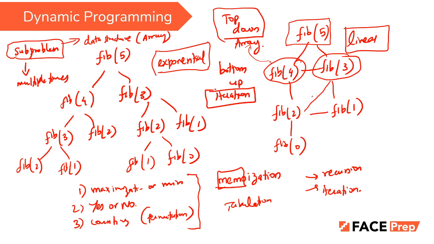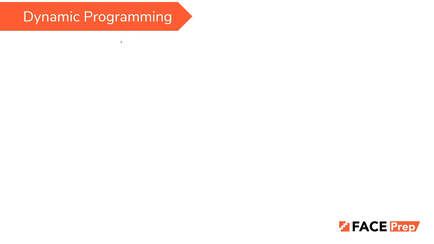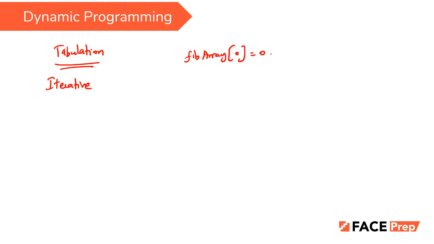So let's also look at another technique, which is the tabulation technique. What is the tabulation technique? I said it is an iterative way of solving dynamic programming problems, right? In the tabulation technique, it is fairly simple. I am going to set an array and call it fib array, with fib array of 0 equal to 0, fib array of 1 equal to 1.